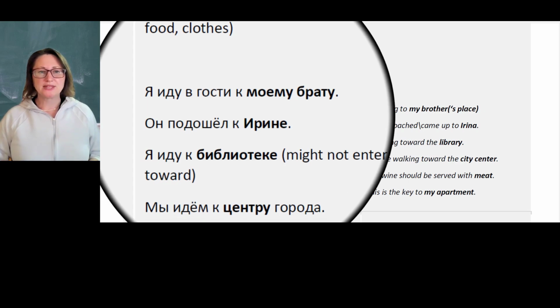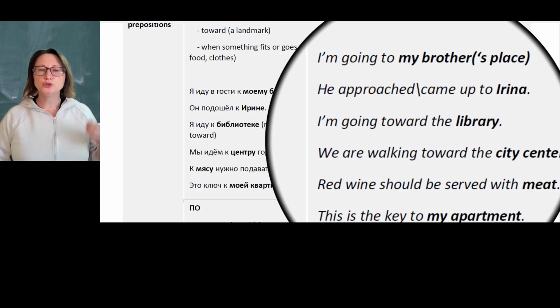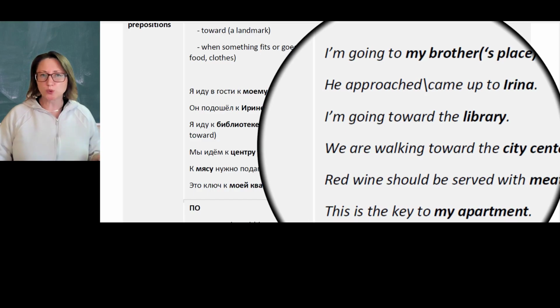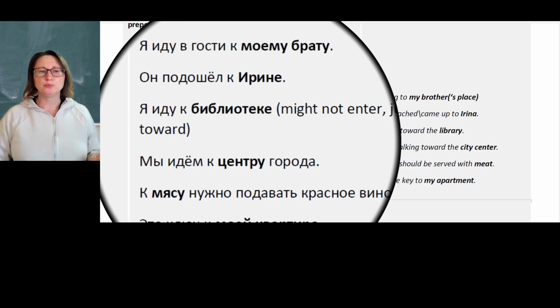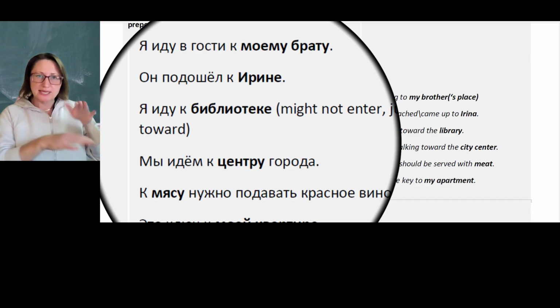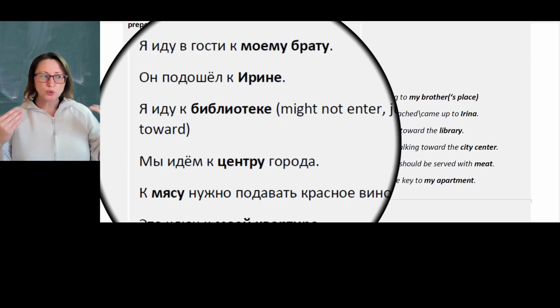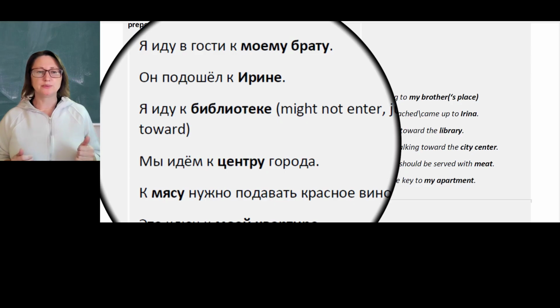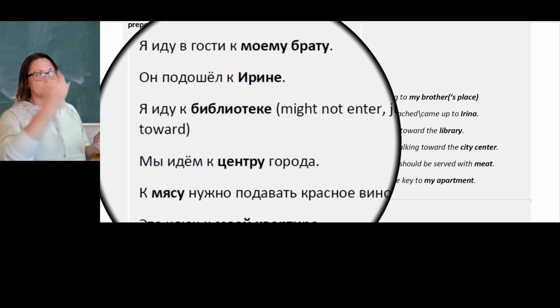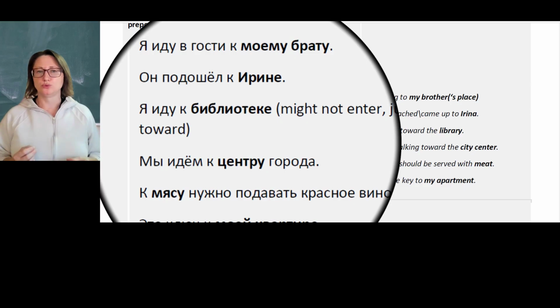Then towards the landmark, I'm going toward the library. We're walking toward the city center. That would be я иду к библиотеке. If I'm saying я иду в библиотеку, I'm telling you I'm going inside the library when I reach it. But к библиотеке, I might not enter, just in the direction of the library. Similarly, мы идем к центру города. We're walking toward the city center. It's there, and we're just walking towards it. And that's all I want you to know for now when I'm saying this sentence.